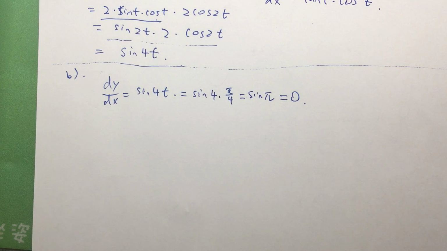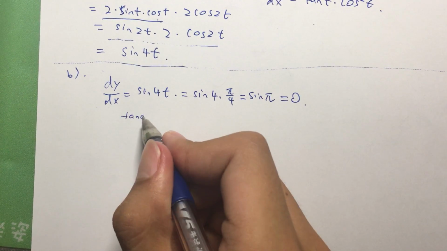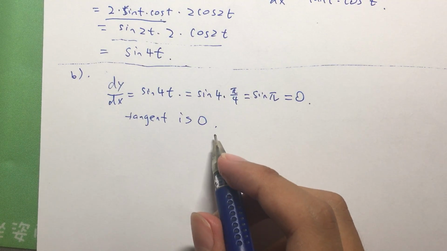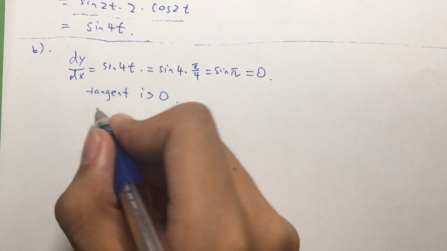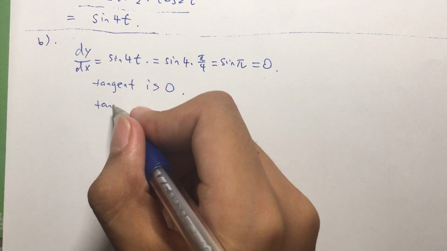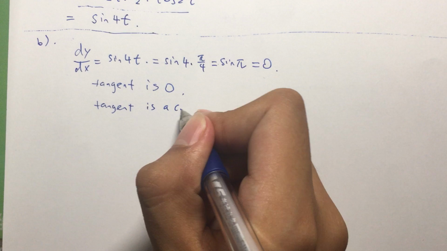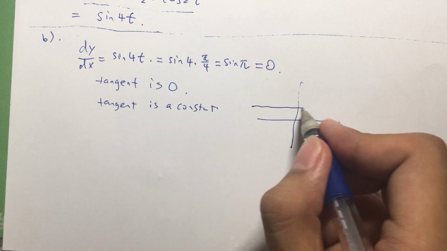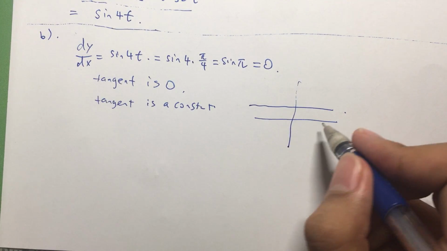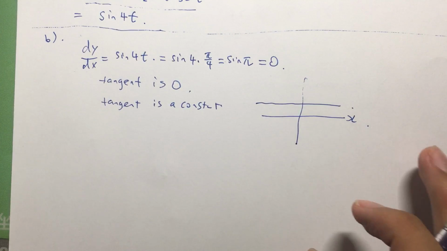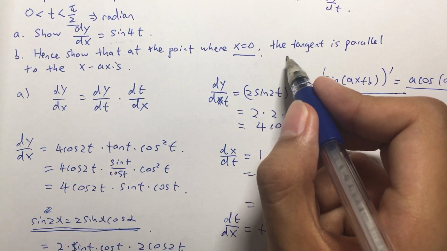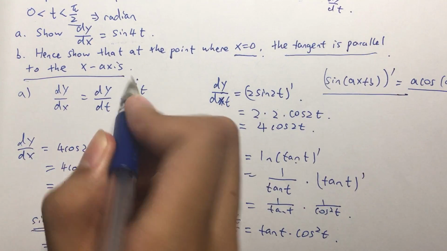So what does this mean? This means that the tangent is 0. And what does the tangent equal 0 mean? This means that the tangent line is a constant. What does a constant mean? It means that the line is a horizontal line, and it is parallel to the x-axis. So we have done the problem.